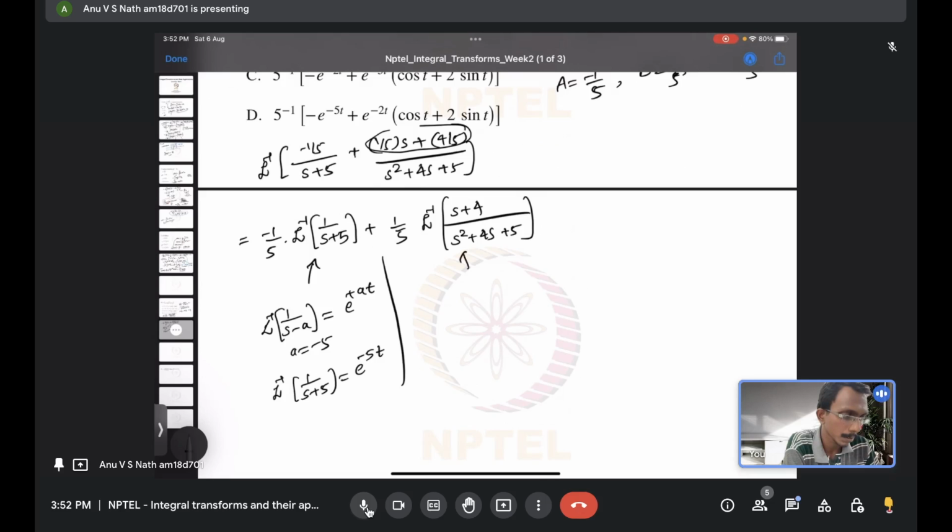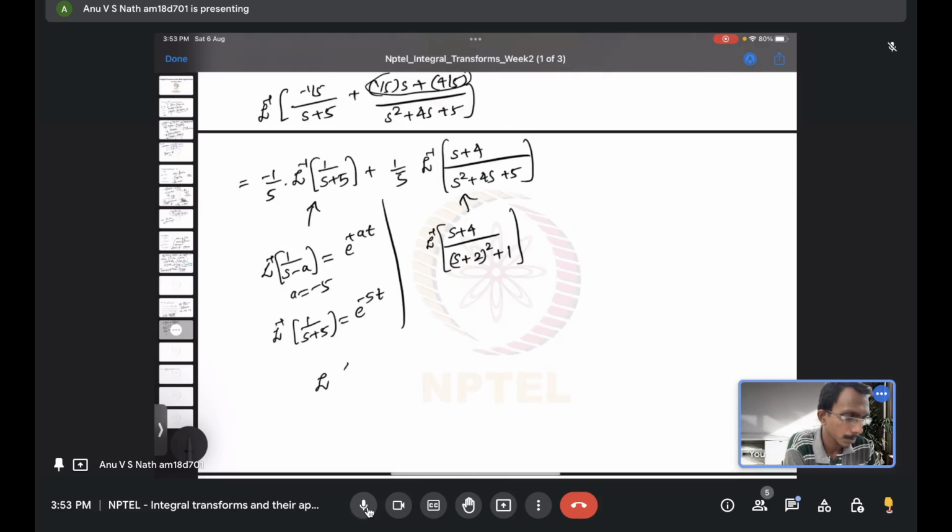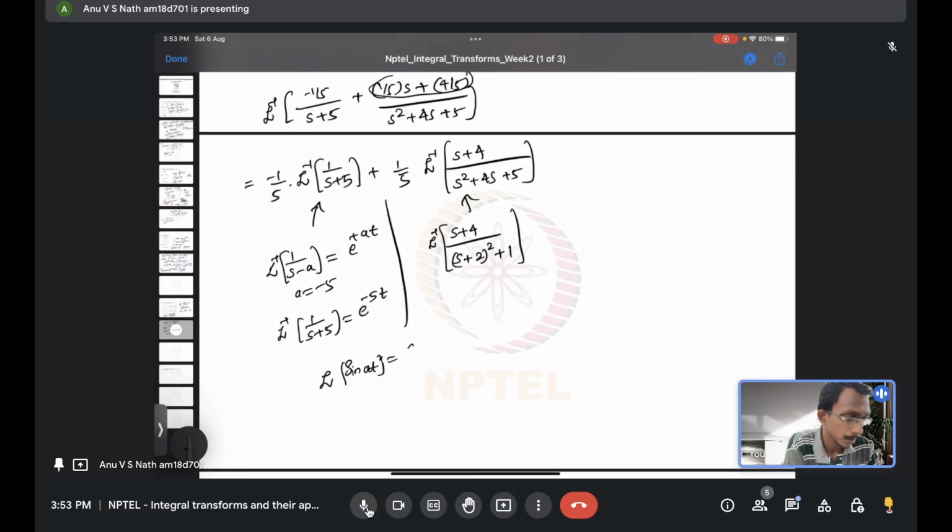Now we come to the right hand side. So Laplace inverse of s plus 4 divided by s square plus 4s plus 5. The denominator we can write by completing the square, like we have to convert it to a form we already know. A form we already know is s plus 2 the whole square plus 1, because we know that Laplace transform of sin at is equal to a divided by s square plus a square, and Laplace transform of cos at is equal to s divided by s square plus a square.